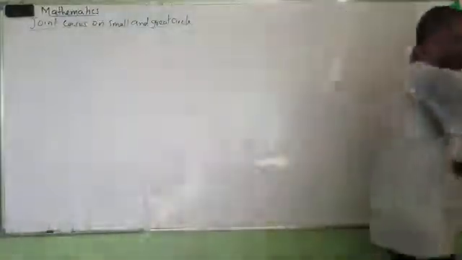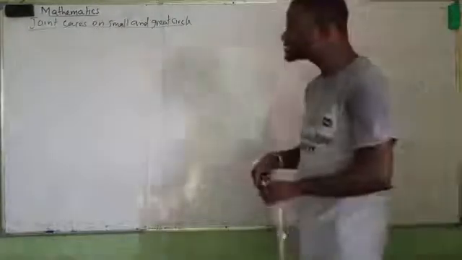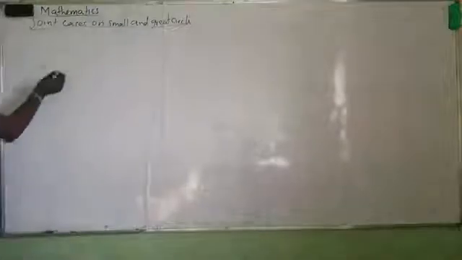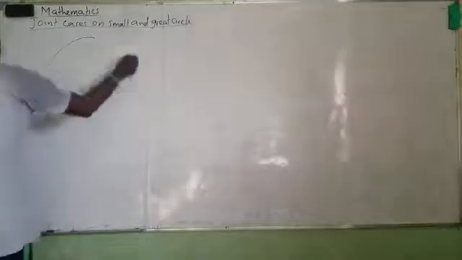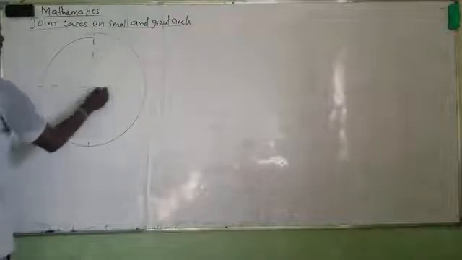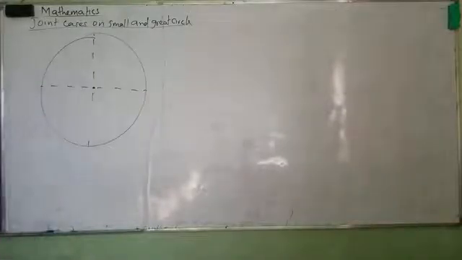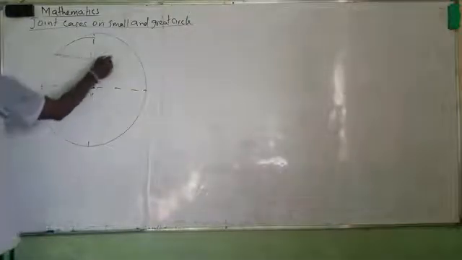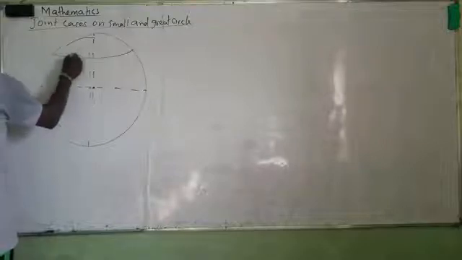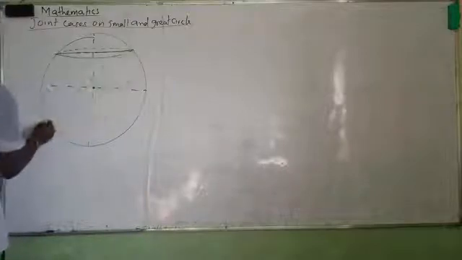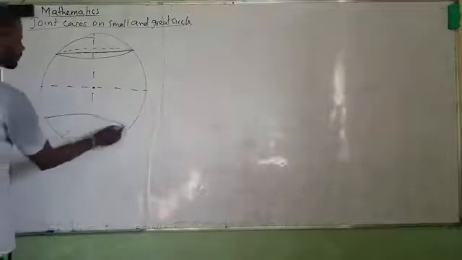Now, on this video, we want to be working on the joint cases. For instance, something like this can come up. I'm just sketching. Don't forget that this is called the center of the earth, and you can have something like this here, and this is a radius, and also something like this can also be here.